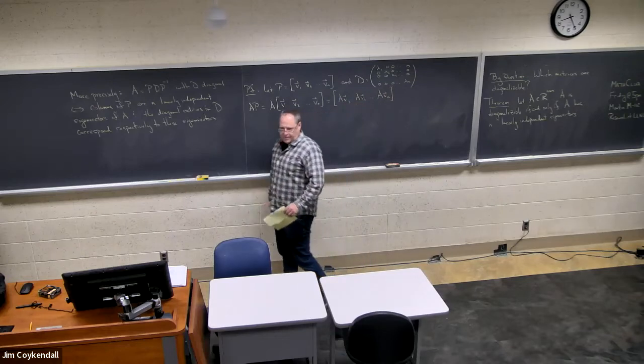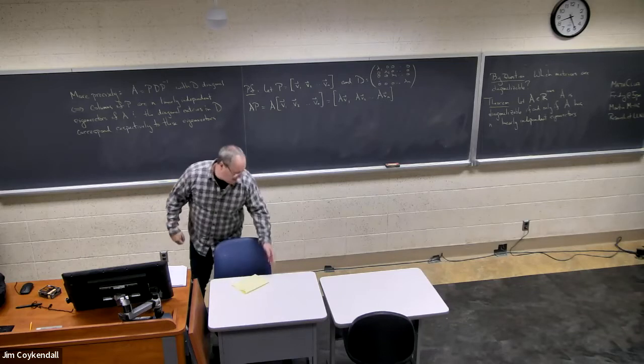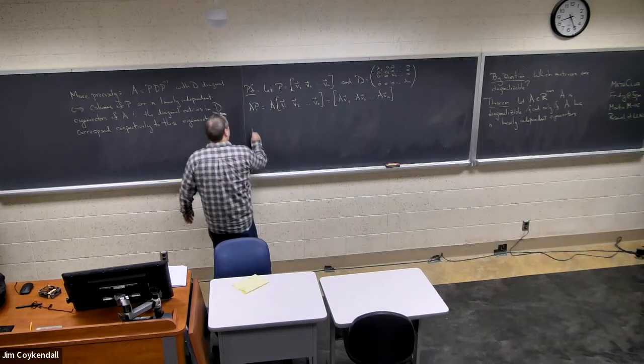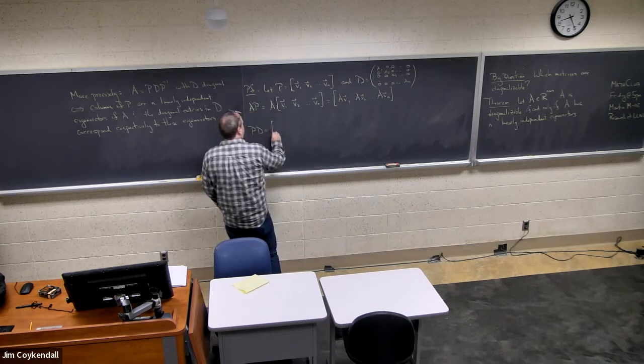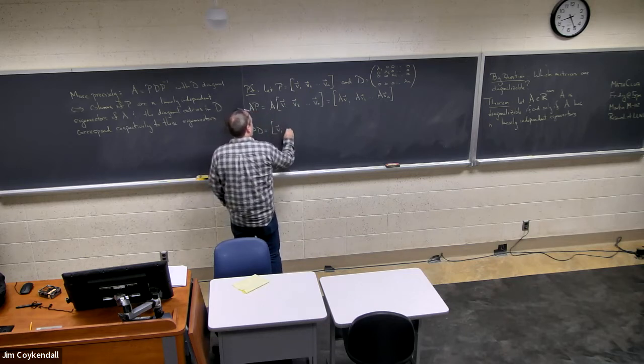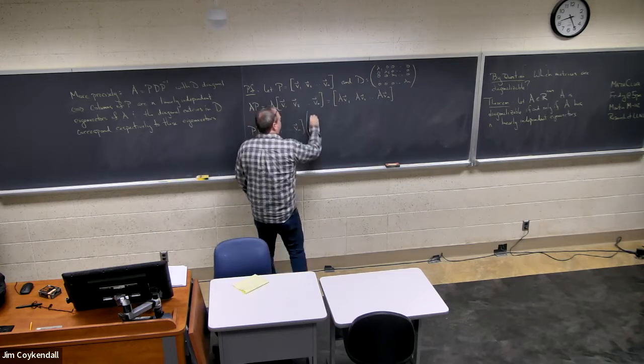So this is what AP looks like. On the other hand, if I multiply PD, P is this thing, and D is this big mess here.